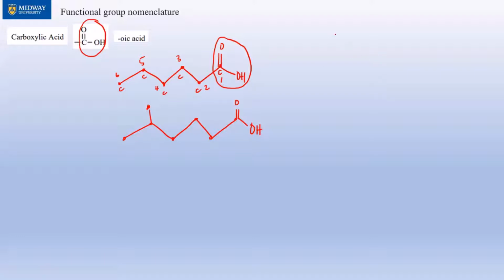So that's 6 carbons, so that's hexane, right? And to get the last name, replace the E with oic acid, so hexanoic acid. Now this is the first place where the group itself is the C containing the double bond O and the OH, so it's 1-hexanoic acid.